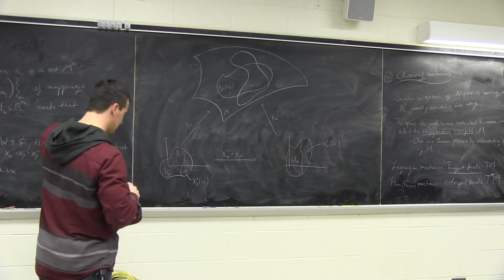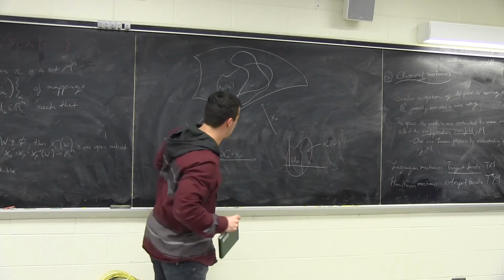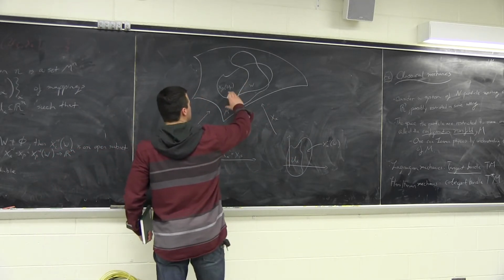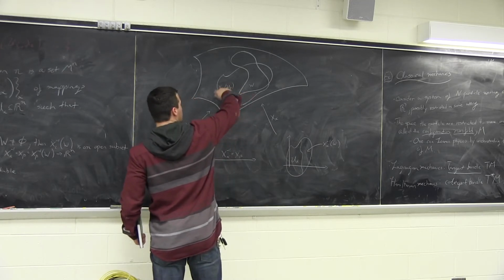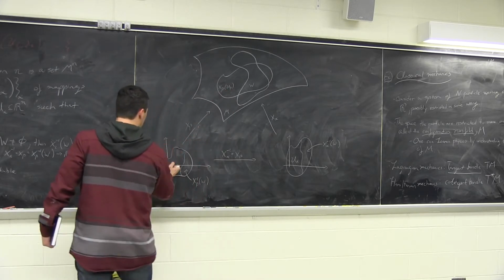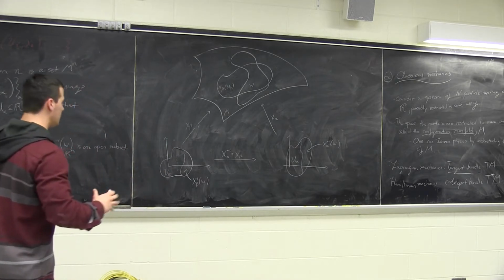It's all of the points in M that x maps to, which I've diagrammatically shown as this loop sitting on the manifold. These are all of the points that x sends from this set to here.